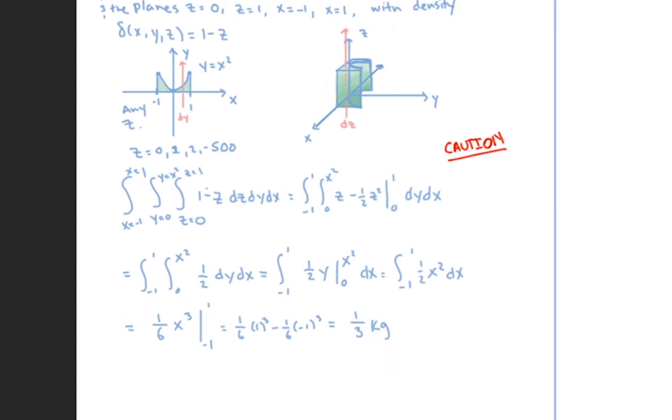Just a procedural warning here: you can see that these two functions have z equals, but there's no more z's on this side of the equation, and that's because my first variable of integration here is dz. In all of the equals-to parts of these equations, there's never a z in any part of them.